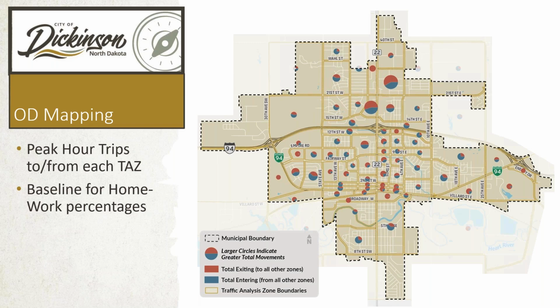So you can see a lot of trips happening in that downtown area, and even in that north side where maybe you wouldn't expect that as much. But this is sort of what we looked at for our home percentages. And this origin destination continued into our forecast analysis once we weighted in the future projected trips that we were going to have as well.